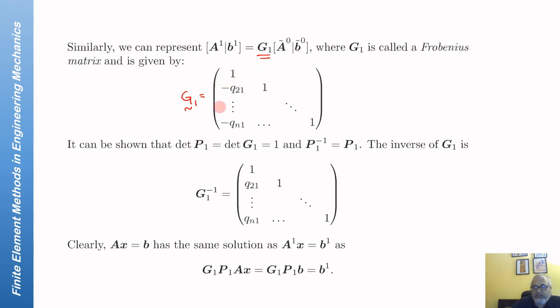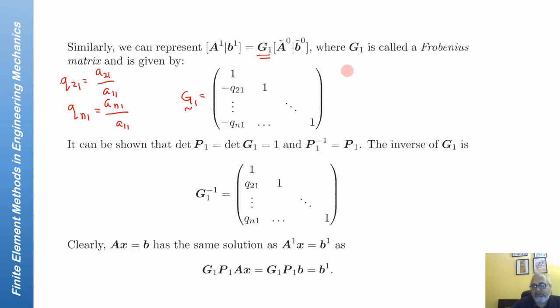So you have these quantities. So minus q. So q21 is a21 divided by a11. Qn1 is an1 divided by a11, and these are along the first column, and along the diagonals you have 1.